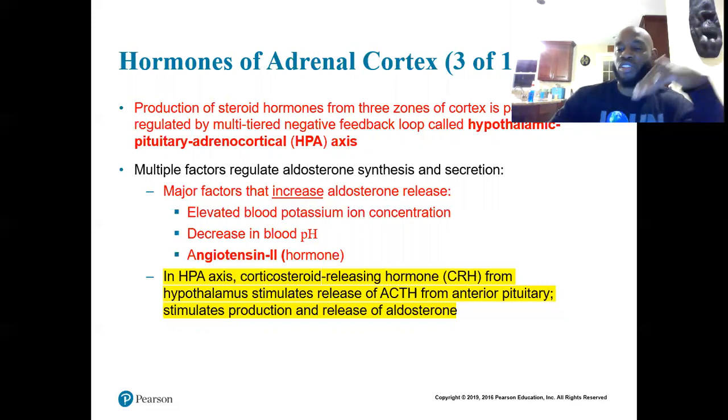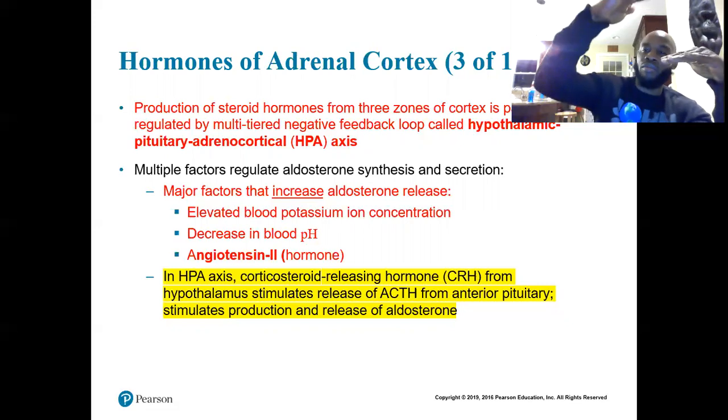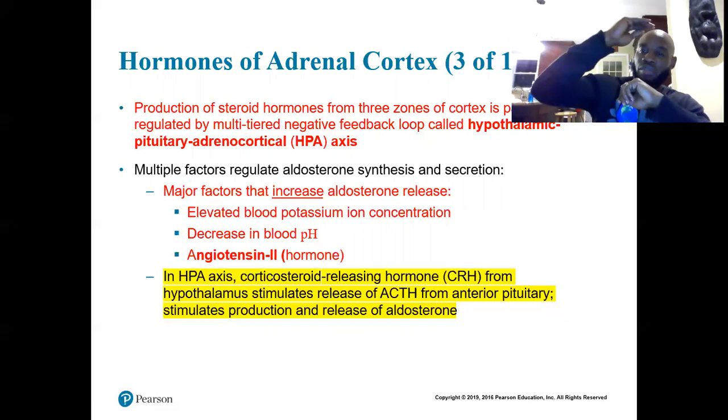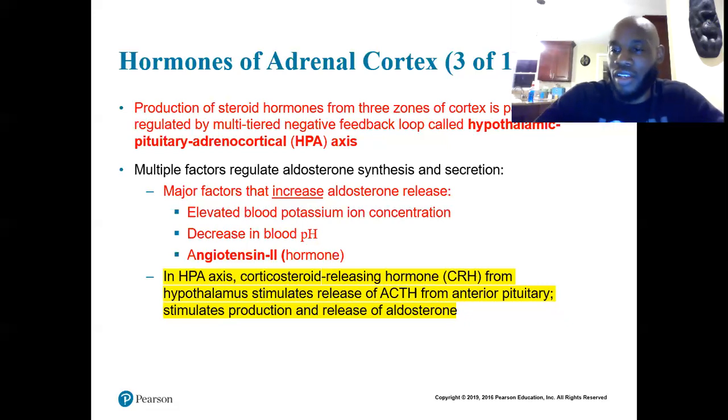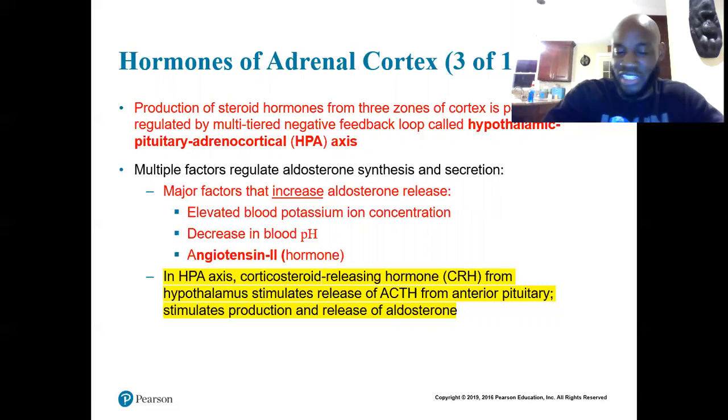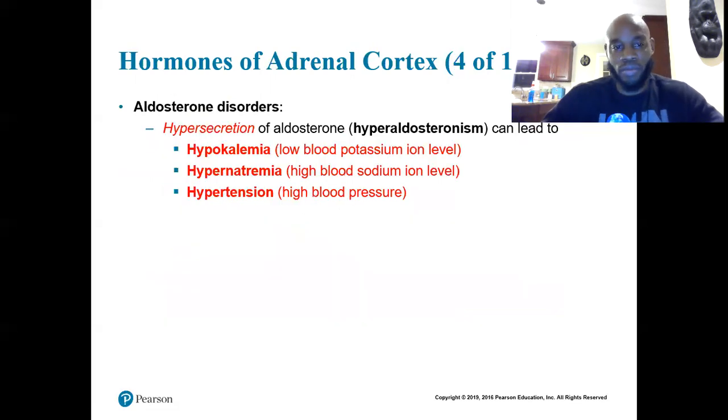So just like we talked about before, multi-tiered response, the hypothalamus controlling the pituitary then controls the adrenal cortex in this case. Same thing happens in the thyroid. Hypothalamus controls the pituitary then sends a signal to the thyroid gland, as we saw before.